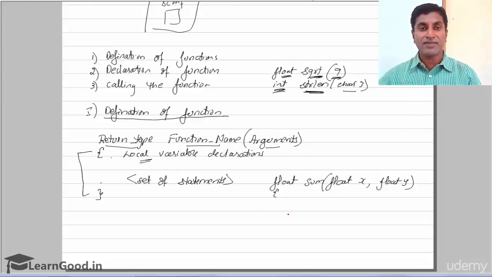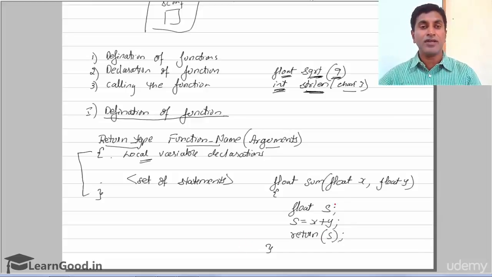Open the curly brace and declare one local variable, float s, to find the sum. So s is equal to x plus y. Then this s value you have to return to the called function. If main is calling the sum function, you have to return the value to main. You can return a value by using a return statement. Give return s and then close the brace.